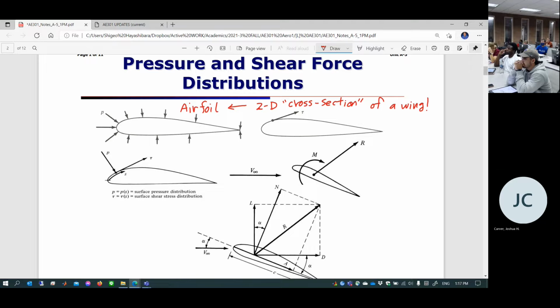So at any location over this surface, the cross-section of what we call an airfoil, you have two things happening at every location: pressure and shear stress. And then we are going to keep track of that distribution using the coordinate S. Have you ever heard of the S coordinate system? What kind of coordinate is this? This is called the streamline coordinate system from fluid mechanics.